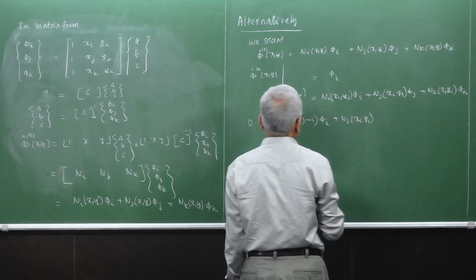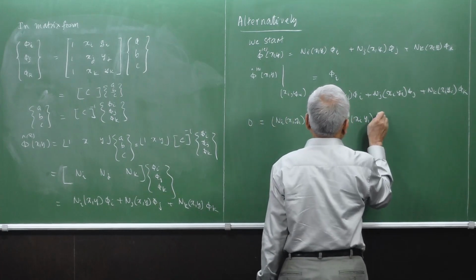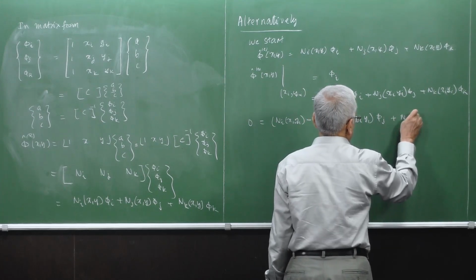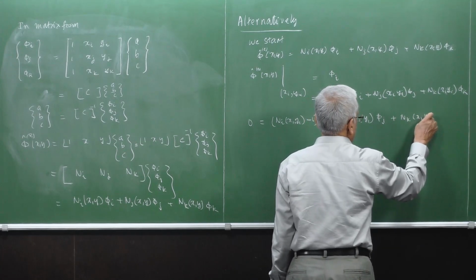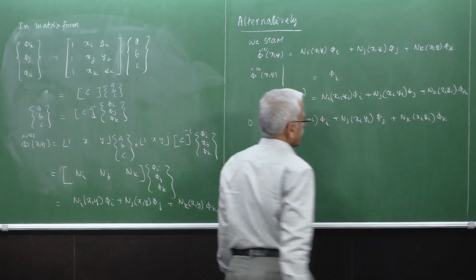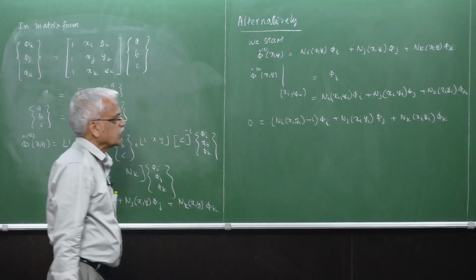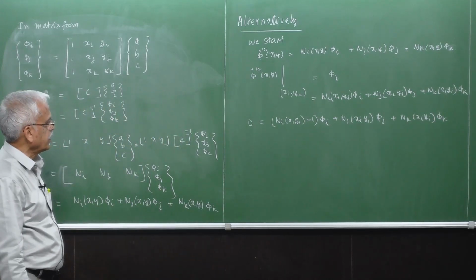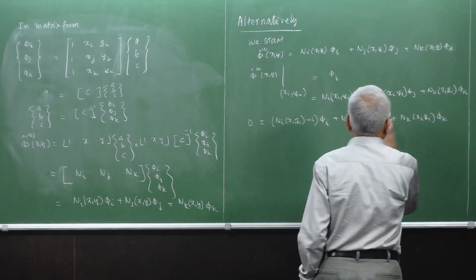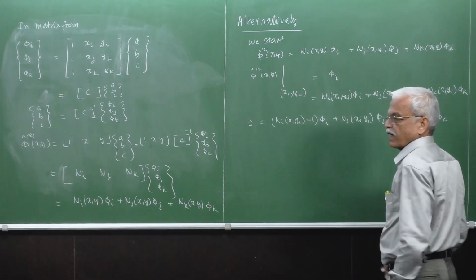I'm writing everything on the right side. This is the equation which needs to be satisfied by Ni, Nj, Nk together with phi i, phi j, phi k.